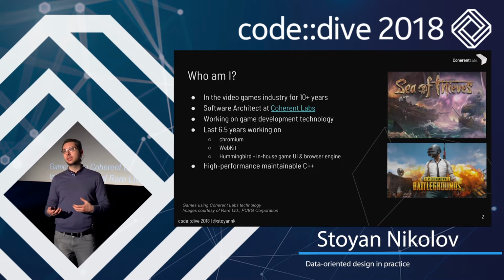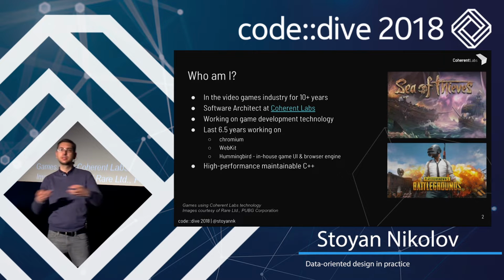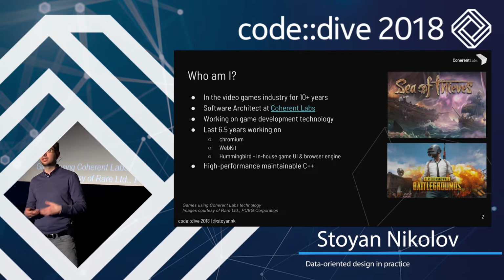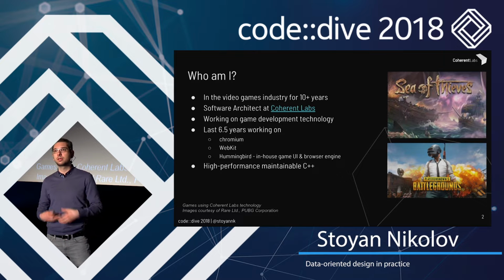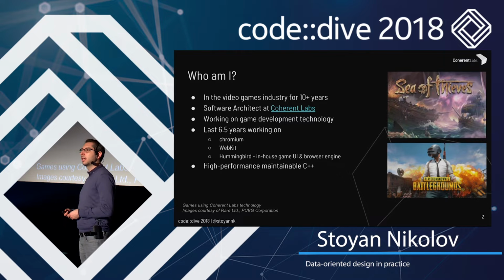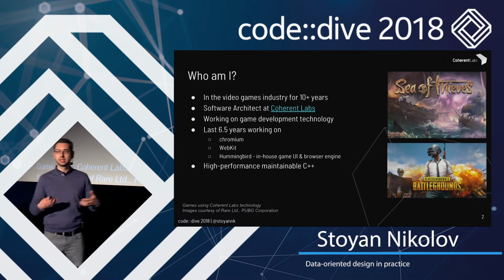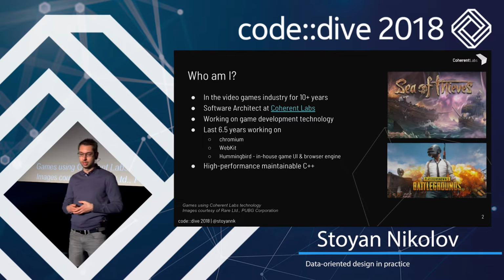WebKit is an HTML renderer that Chromium's own core, which is called Blink, was forked from. And WebKit is actually at the base of Safari. So if you use Chrome, Opera, Safari, and a bunch of other more or less known browsers, you're running some version of the code that I'll be showing very shortly.